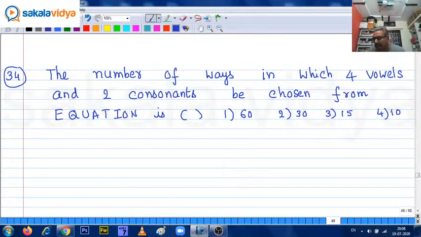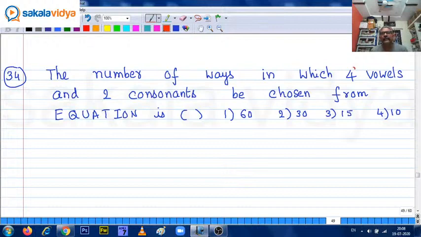So first of all, what we need to do is count how many vowels and how many consonants are there in the word EQUATION. After that we need to select four vowels and two consonants. So how can it be done? Let us observe it now.